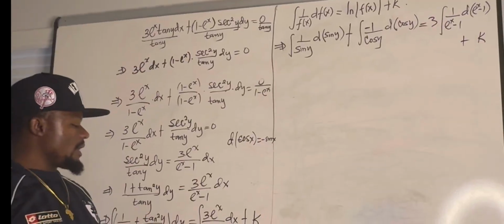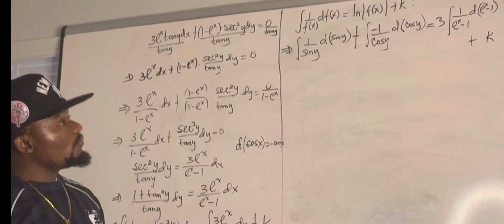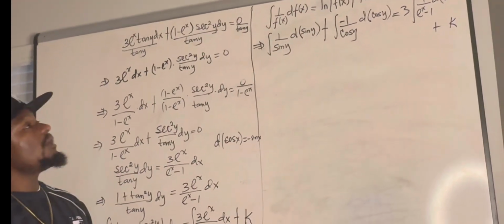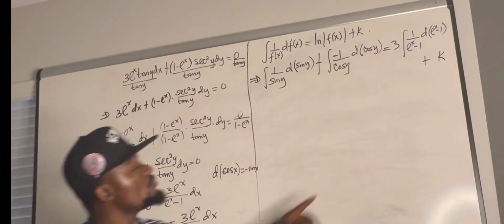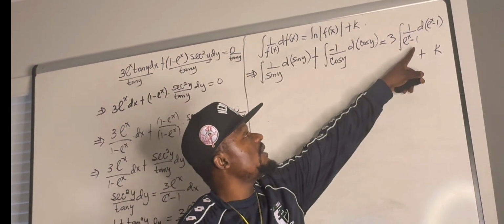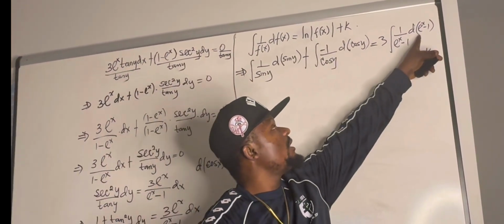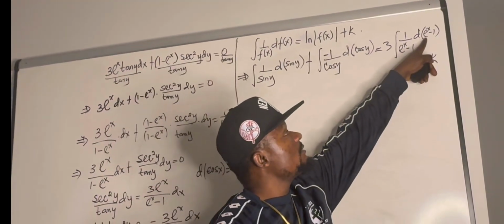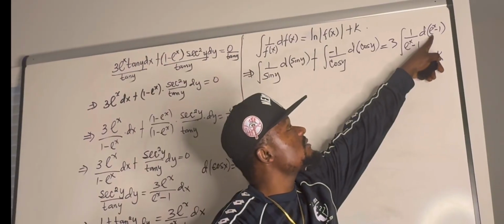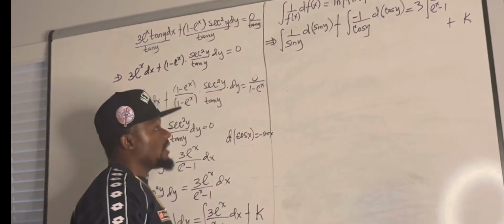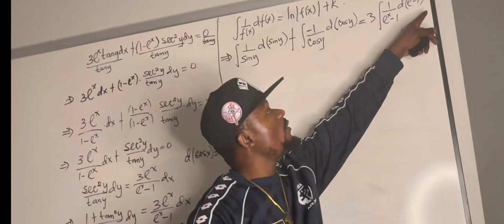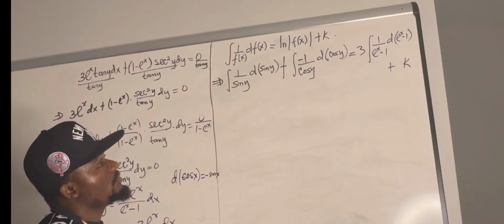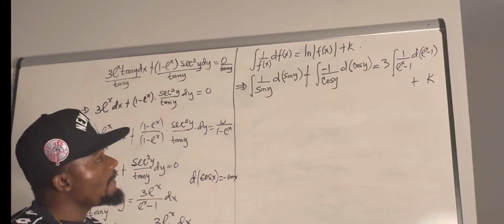I was supposed to write x power x divided by x power x minus 1, but I chose to write 1 over x power x minus 1 times the differential of x power x minus 1. Why? Because if I differentiate x power x, I will have x power x. If I differentiate negative 1, I'll have 0. So I haven't changed anything.